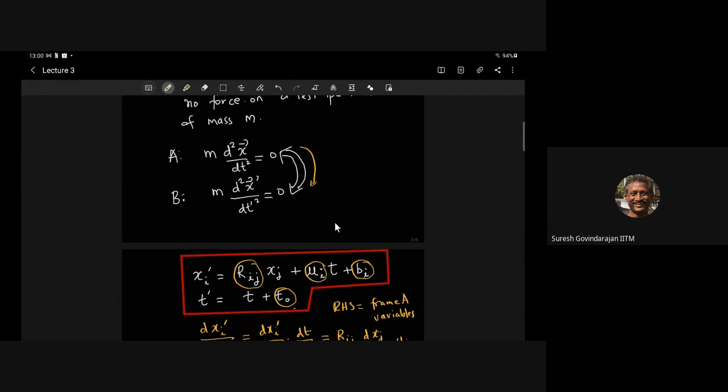You need a little bit of jiggling, but it's not something deep. I don't think I proved that this is unique. I have not proved it, but one can prove that. It depends on how mathematically inclined you are.